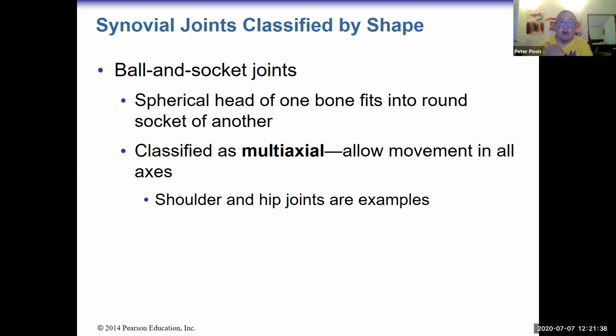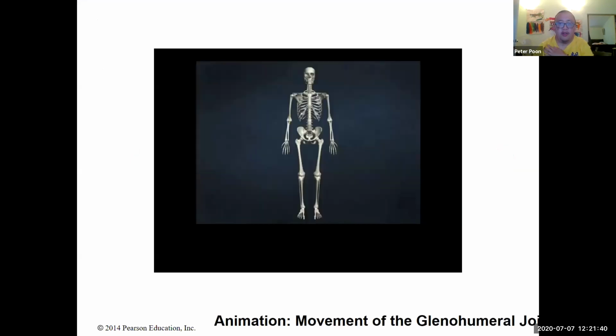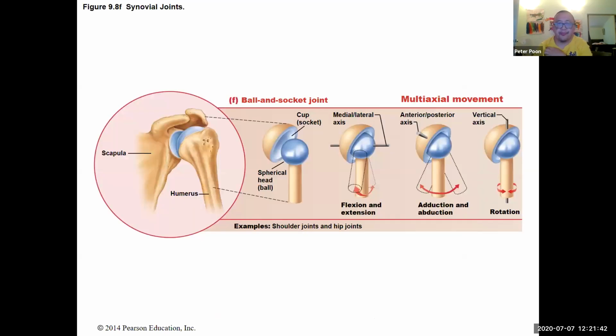The head of the humerus in the glenoid cavity of the scapula is the glenohumeral joint. I want you to use the scientific name for it: glenohumeral joint.